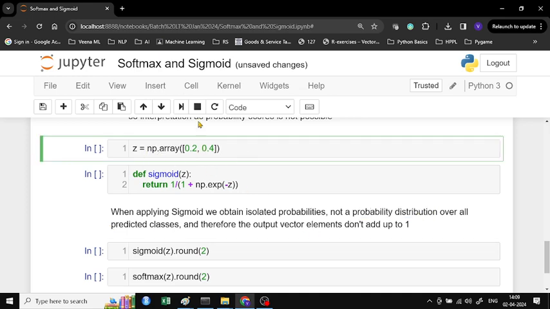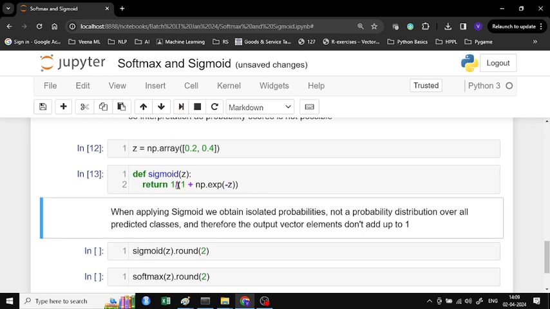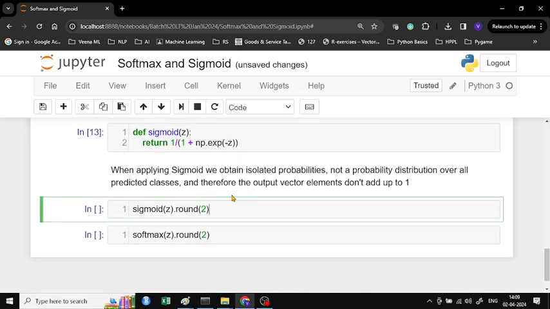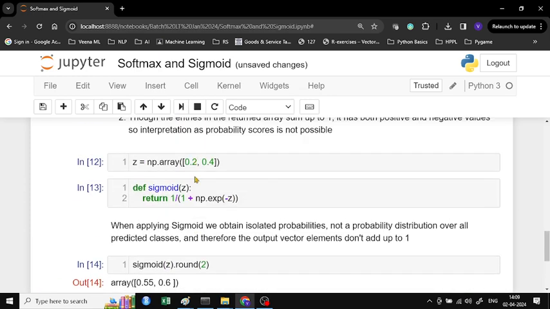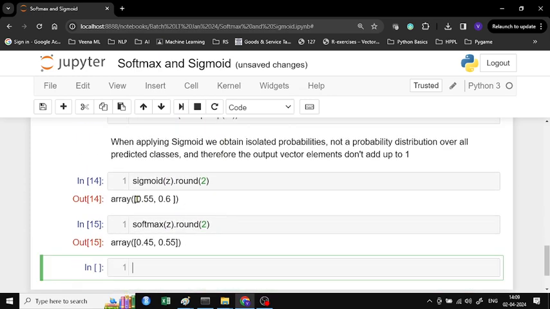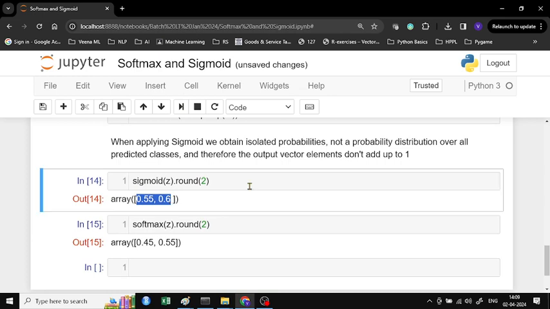So let's say now you have these two inputs. This is a sigmoid function, and we'll do a sigmoid and a softmax of the same input. For the sigmoid, the summation is not up to 1, whereas for the softmax, the summation is up to 1, and that is because of this reason.